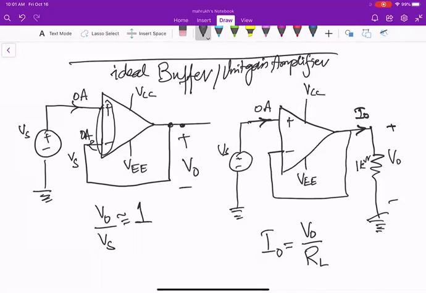So the power supplies which are energizing the op-amp are actually giving us I naught. But why are we taking I naught just from the power supplies? That's an important question. Why are we not just connecting VS with RL to get the output voltage, right? What do you think? Sorry, this is RS here in the real circuit.